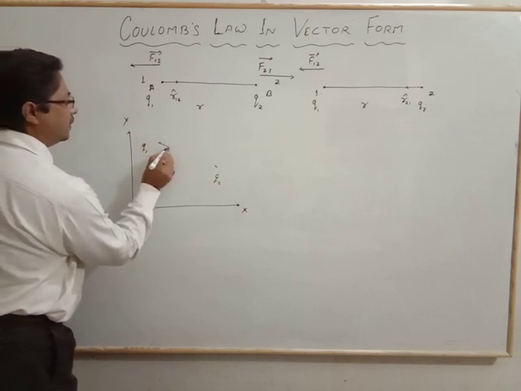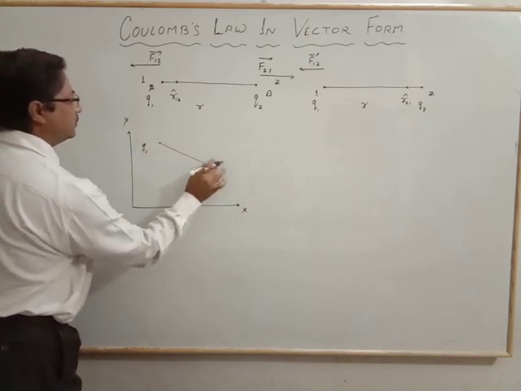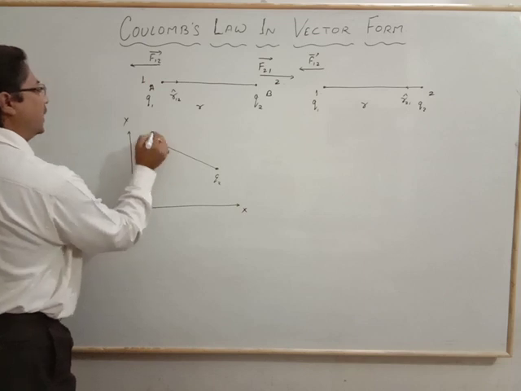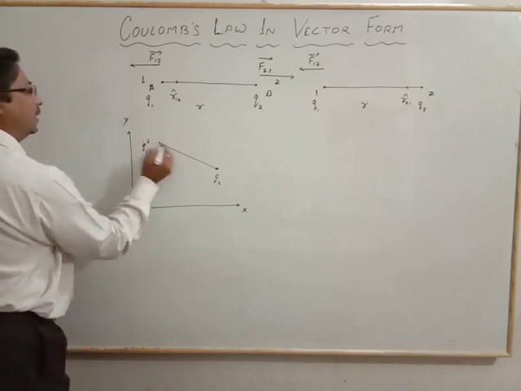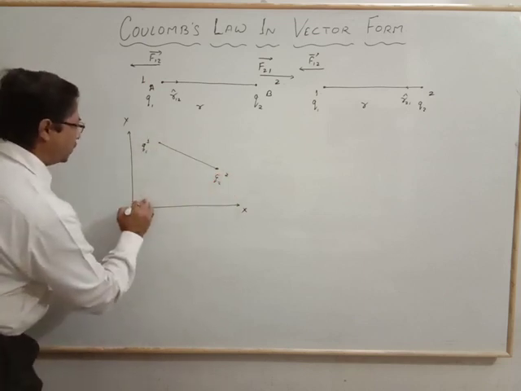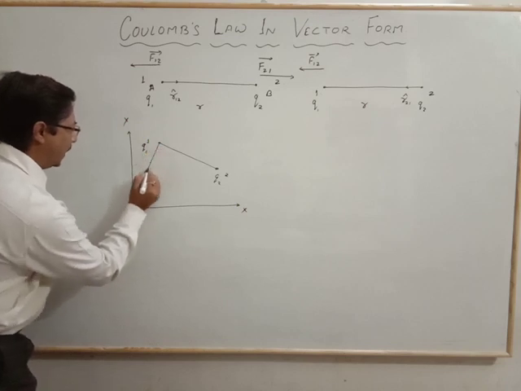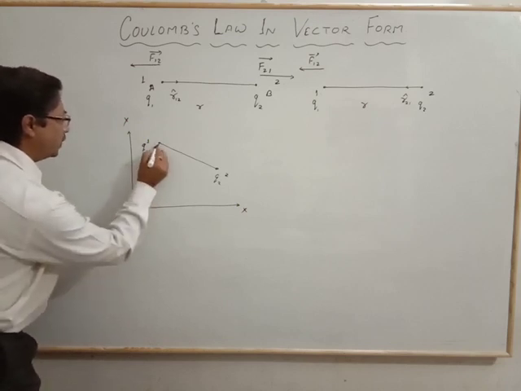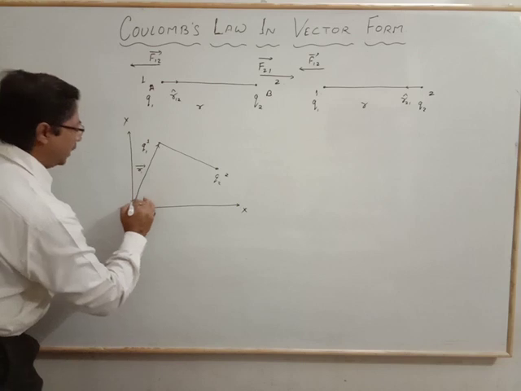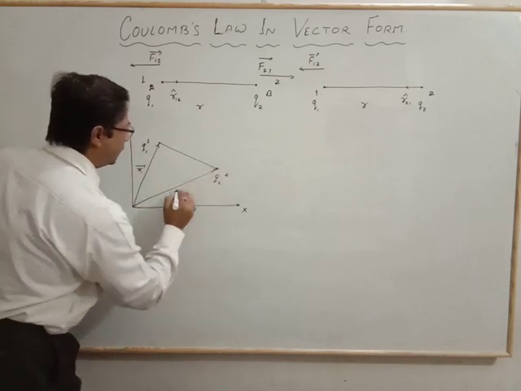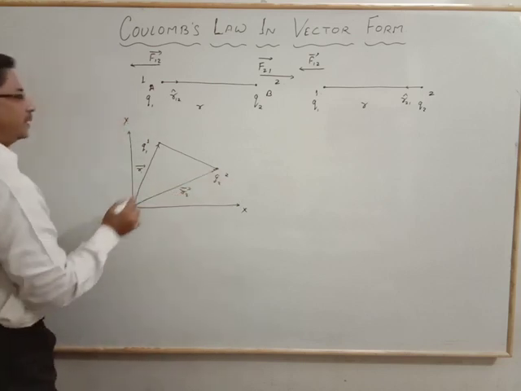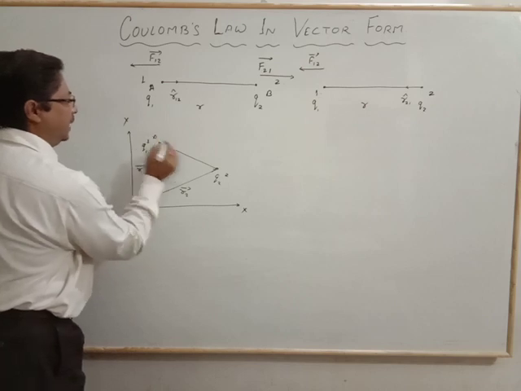Now the positions of 1 and 2 are given by the r1 position vector and the r2 position vector. So this is AB.